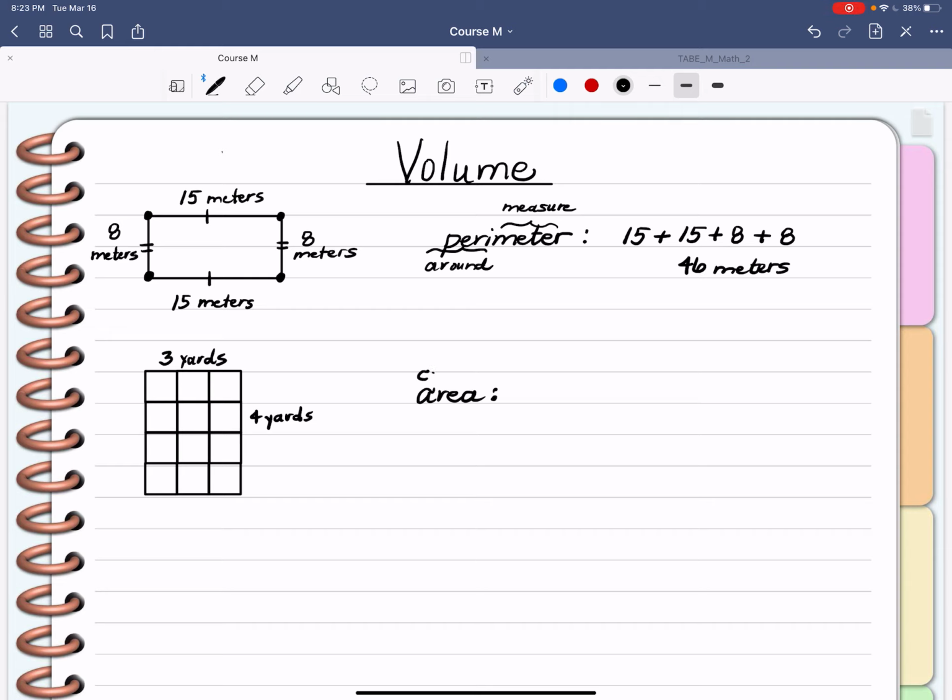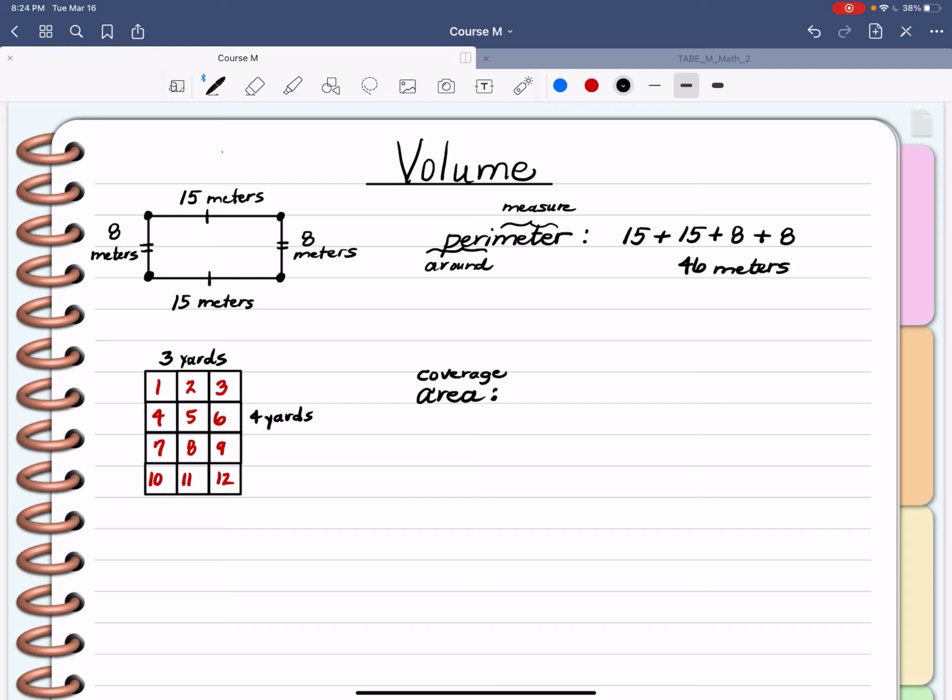Area is coverage. So I can see that I have 1, 2, 3, 4, 5, 6, 7, 8, 9, 10, 11, 12 of these square tiles.